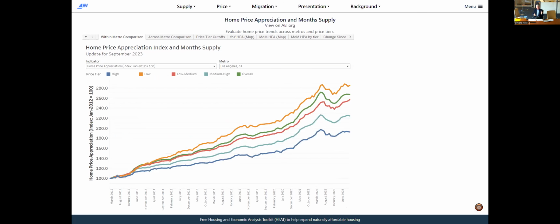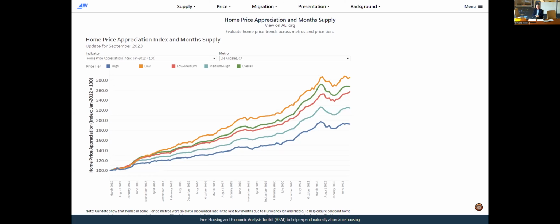We set the zero at the beginning of 2012, and just follow each of these price tiers. But again, we'll focus on the green, which marches up, marches up, marches up. Sometimes faster, sometimes slower. We have some of these dips that we saw. But it's important to then note the gold low.